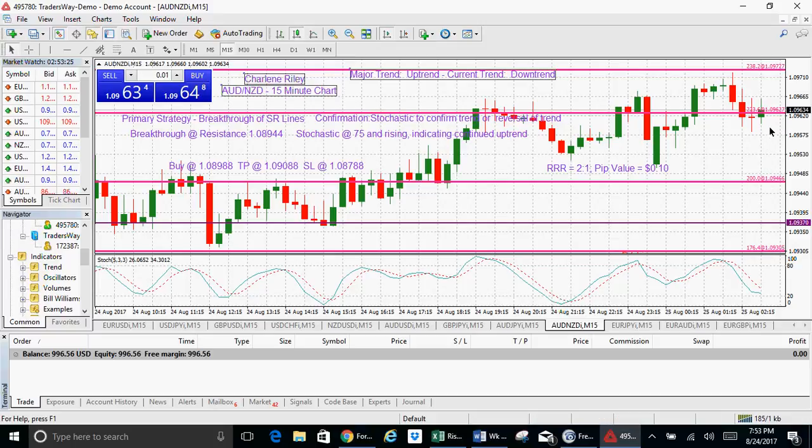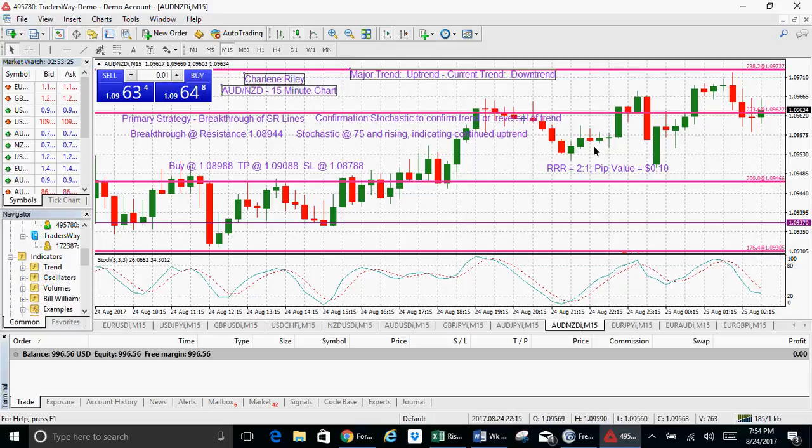Now notice that there's a large gap between the next lines of support and resistance from 62 to 72. That's only 10 pips, so that's okay. But from 62 down to 46, that's 16 pips.